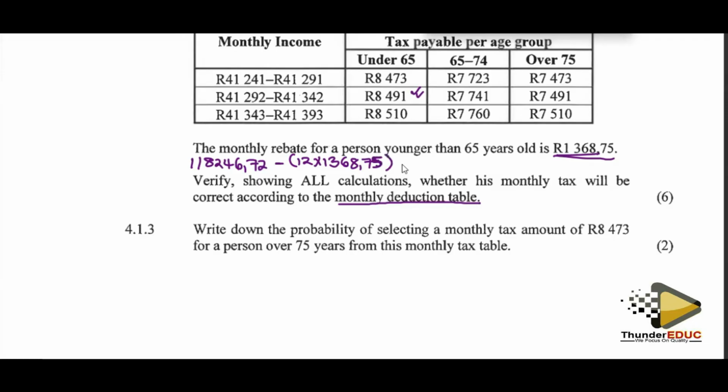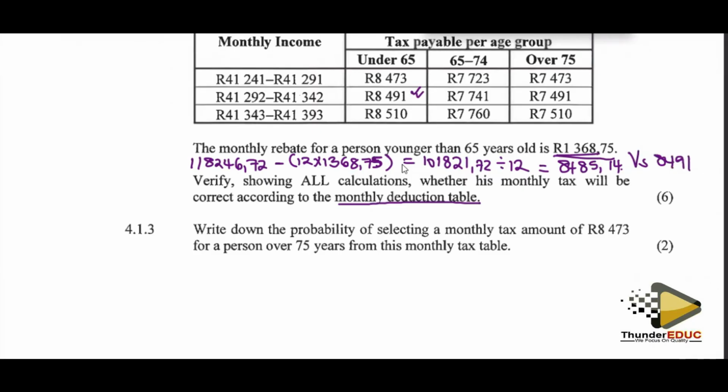I'm multiplying by 12 because I'm dealing with annual amounts. So here I will end up having this much as taxable. Then I divide by 12, which is R8,485.14.